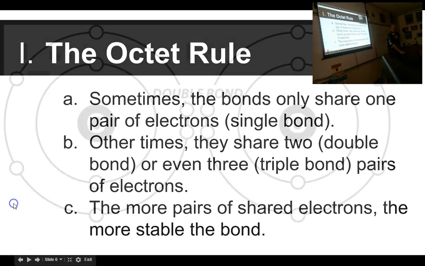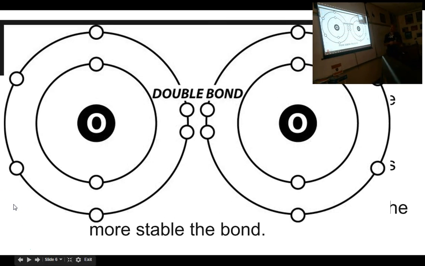Okay, so pictures. Here we have a double bond, 2 oxygen atoms. Looks like an owl staring at you there, but 2 oxygen atoms that each come to the table with 6 electrons. They both want 2 more to be full and have 8 electrons in their valence shell. One oxygen says to the other, I could give you 2, but then I would only have 4, and that would make me sad.